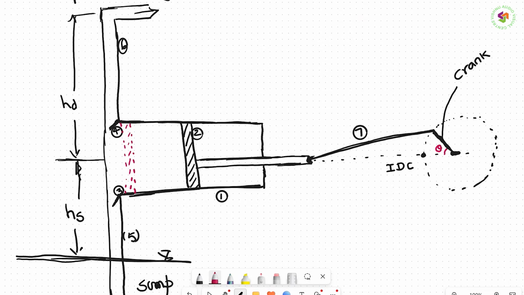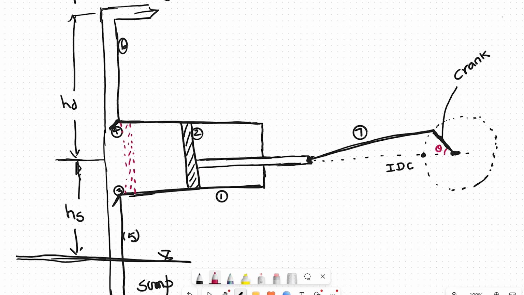That is the second point: when the crank starts rotating, because of the external energy, the suction valve opens and the liquid enters the cylinder. So when the angle is theta, the piston is in this position.